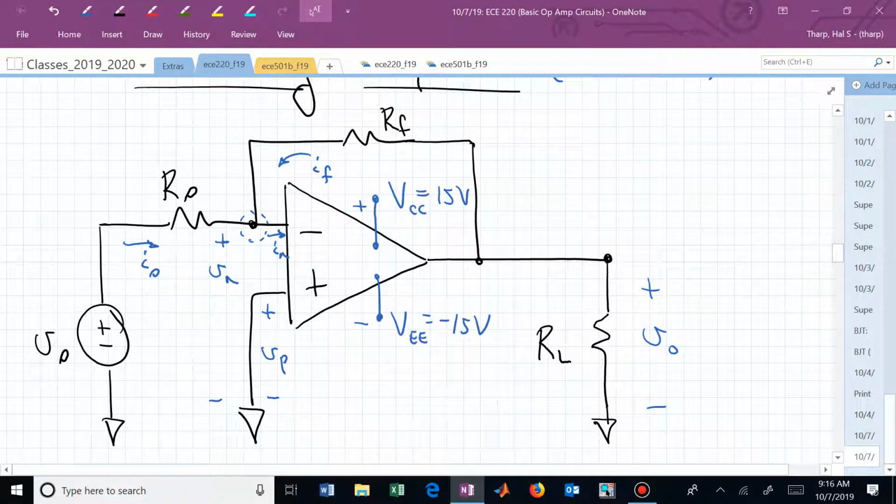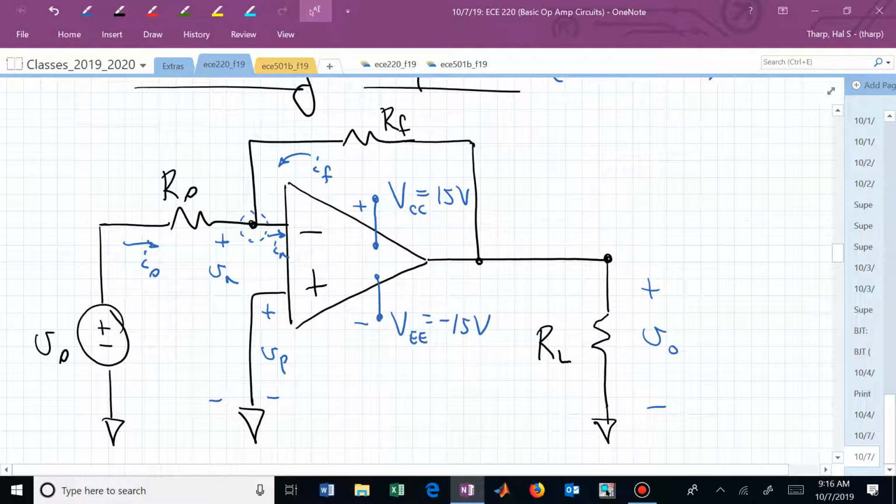How do I express I sub s in terms of the voltages and resistors? See how all of these analysis techniques or strategies are coming into play as we advance through the book. I sub s is just Ohm's law.